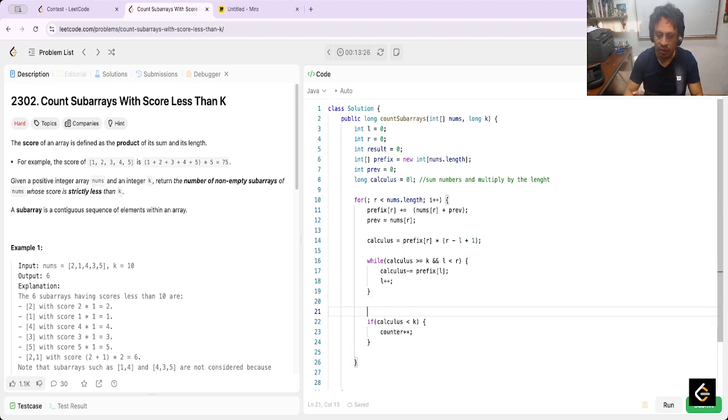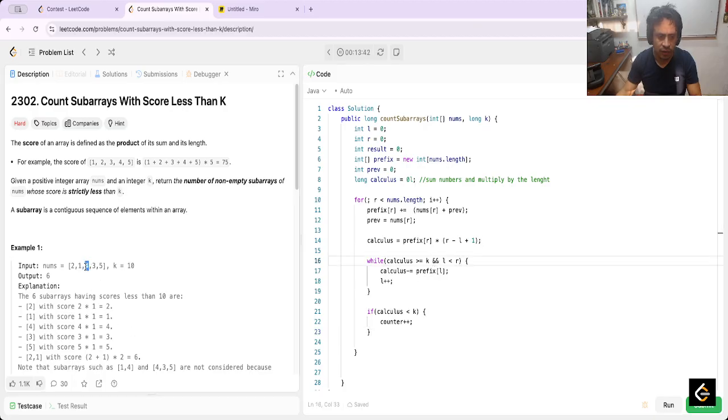I think this is clearer than using the ternary operator. Okay, now counter plus plus. In the case, for example, that this is 40, you move the window until this point.